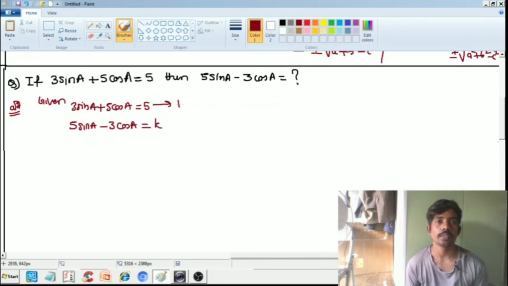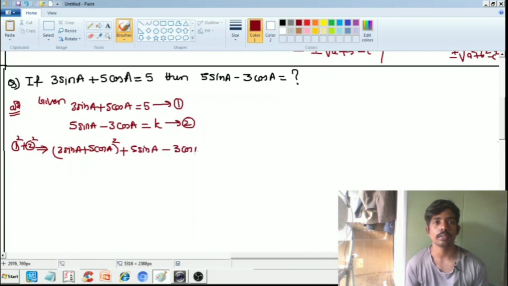Call them equation 1 and equation 2. Now square and add: 3 sin a plus 5 cos a whole square plus 5 sin a minus 3 cos a whole square is equal to 5 square plus k square.